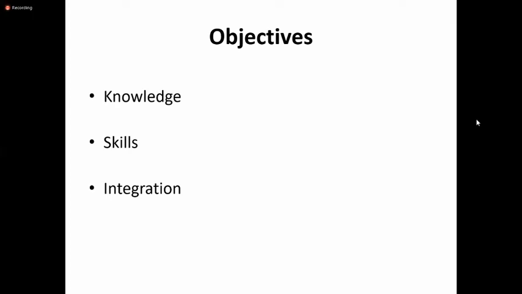Like this, various skills we want you to learn. We also want you to learn integration, how to integrate this huge biochemical knowledge into clinical significance, ultimately diagnosing a patient and treating them.